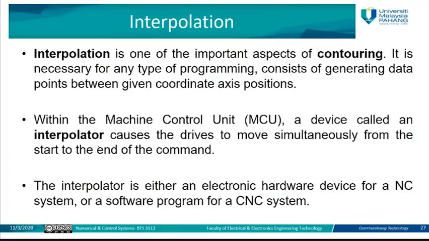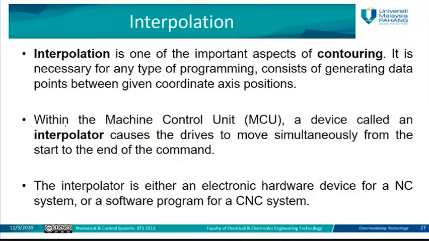an interpolator. So the interpolator here is a component or a device attached to the MCU of the machine or the CNC machines to generate coordinates for the continuous movement of the machines, or I mean it's like drawing the path.